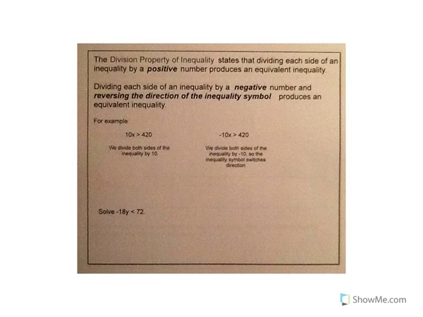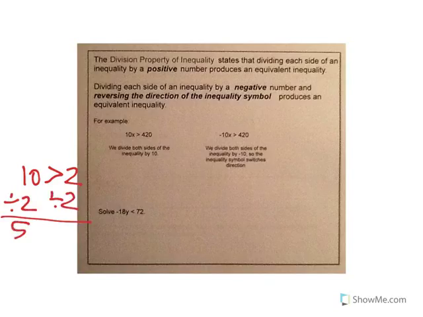So the division property, same thing. It's exactly the same way. If you divide to solve for a problem by a negative number or by a positive number, then, let's see, if we have 10 is greater than 2 and we divide both sides by 2, you end up with 5 is greater than 1, which makes perfect sense.